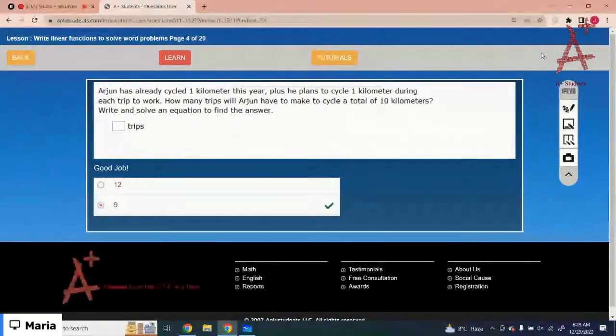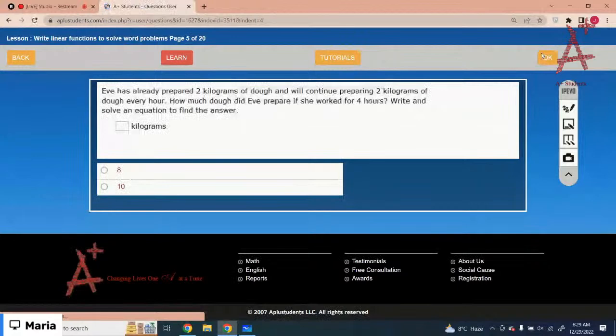Okay, the next one is, now you have to tell me the correct option. Got it? Eve has already prepared 2 kilograms of dough and will continue preparing 2 kilograms of dough every hour. How much dough did Eve prepare if she worked for 4 hours? Write and solve an equation to find the answer. So which of the options is the correct one?